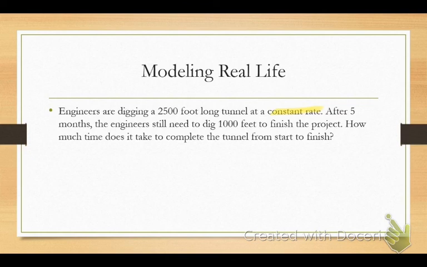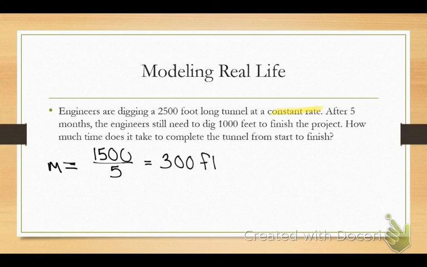If they're digging a 2,500 foot long tunnel, but they still have 1,000 feet left, we can subtract those values to figure out how much they dug in 5 months. So 2,500 minus 1,000 is 1,500 divided by 5. So they're digging 300 feet per month.